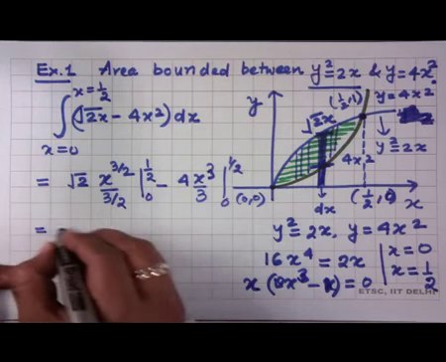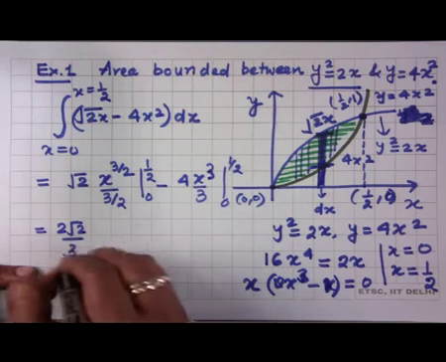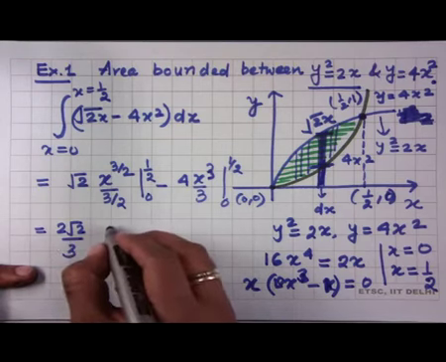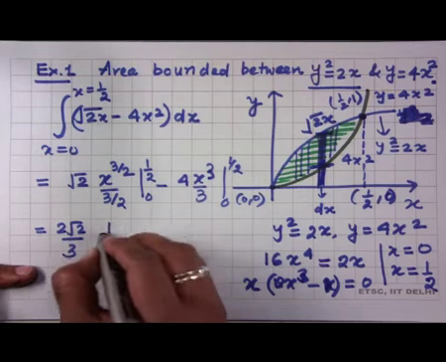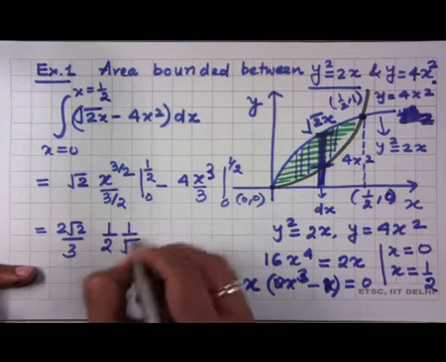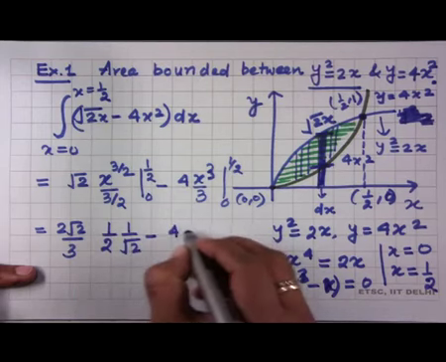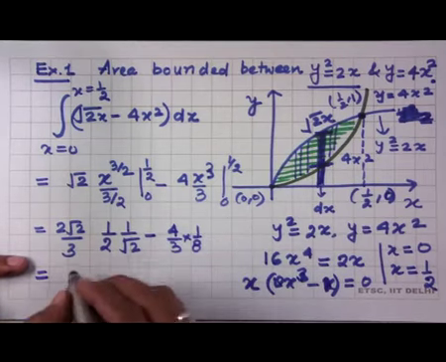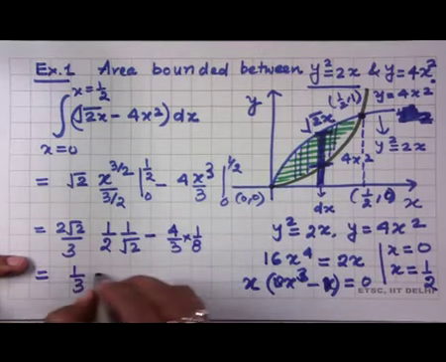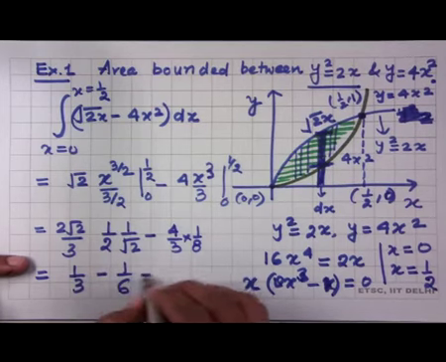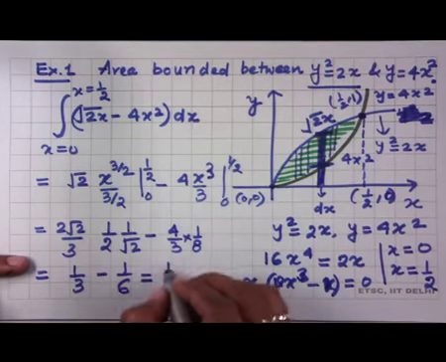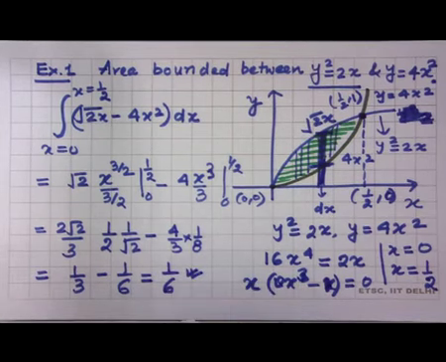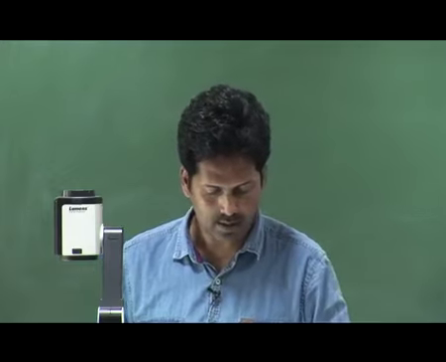So, we get 2 root 2 by 3 into 1 by 2 into 1 by root 2 minus 4 by 3 into 1 by 8, which is equal to 1 by 3 minus 1 by 6, which is equal to 1 by 6. So, required area is 1 by 6. Let us take another example.